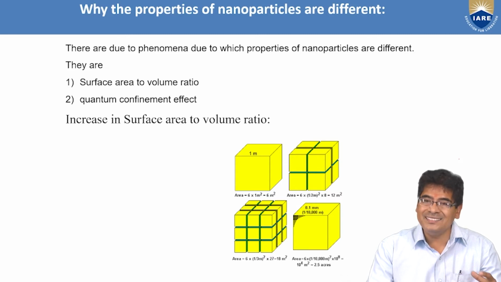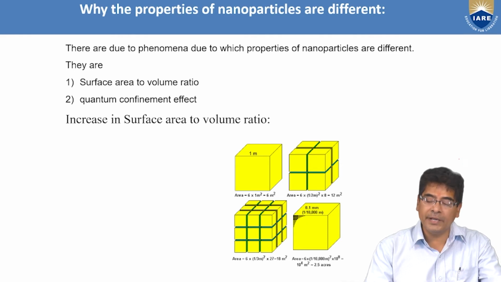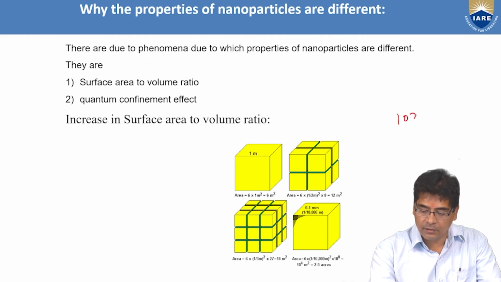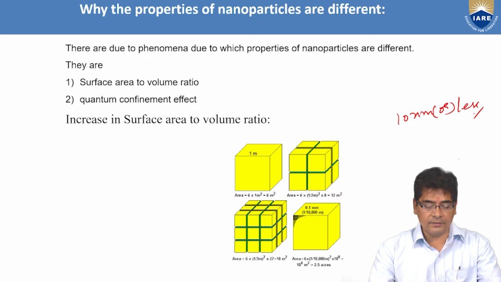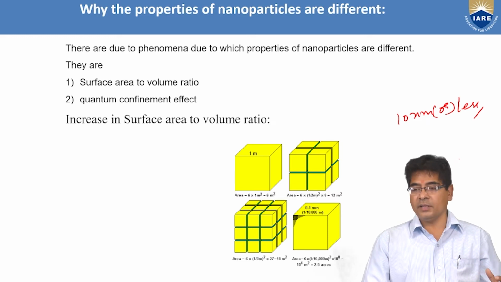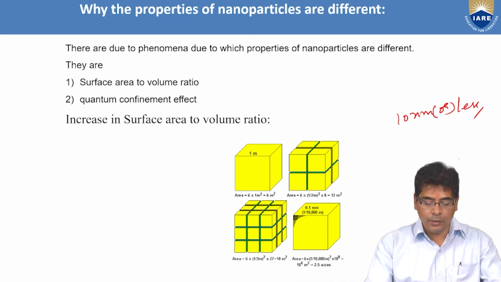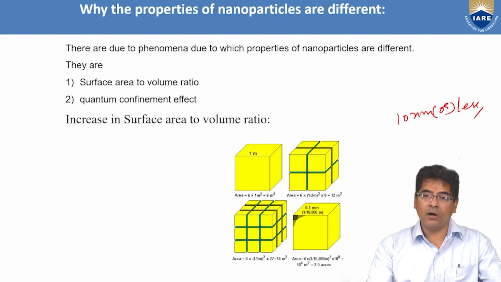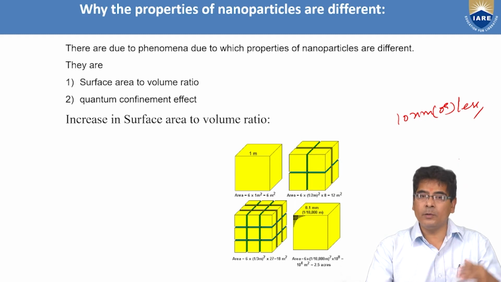When the material is sufficiently small in size, typically 10 nanometers or less, the organization of energy levels into which electrons can climb or fall changes.